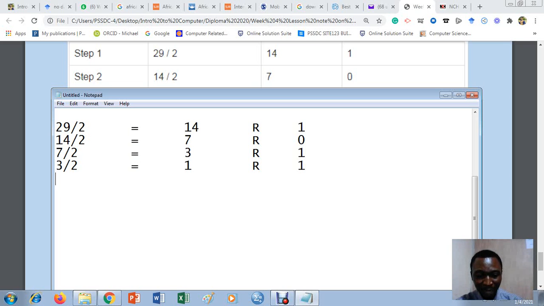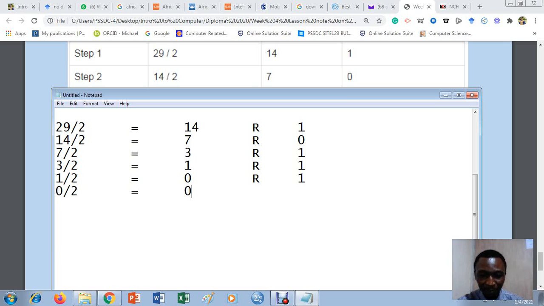Now that 1 divided by 2, what do you have? Can you actually divide 1 by 2? No, that's why we have the 0. But still remember, you still have the remainder number 1. If you now say 0 by 2, what do you have?